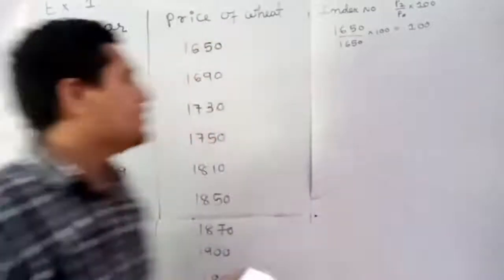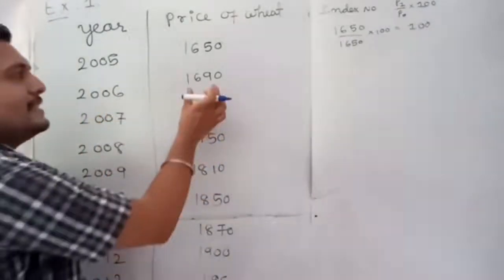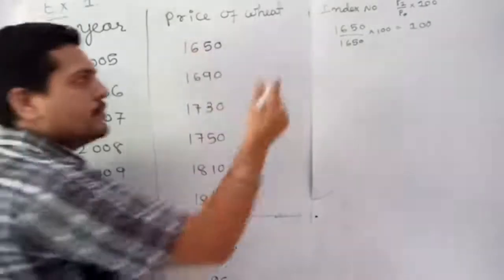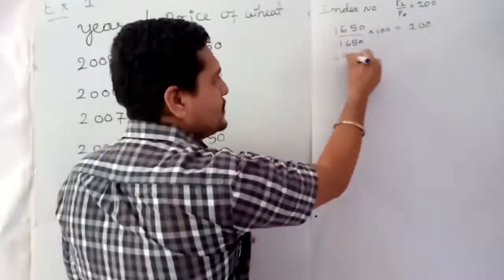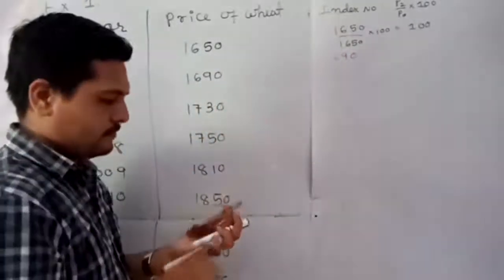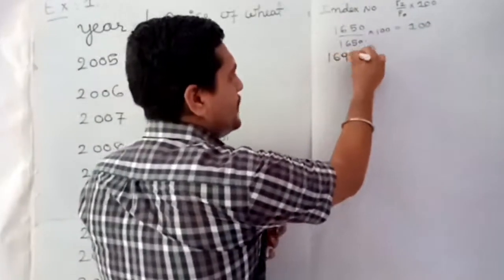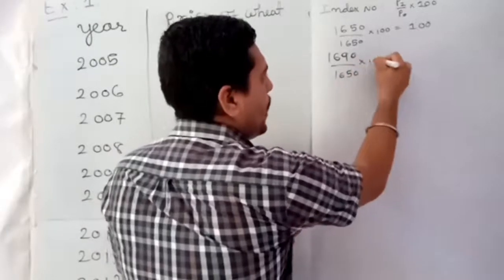After that, for year 2006 we have to take the ratio of these two, 1690 divided by 1650, P1 upon P0, into 100.